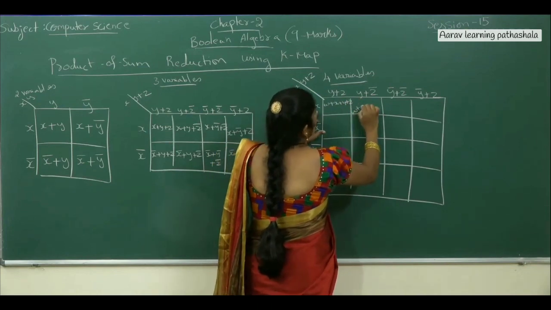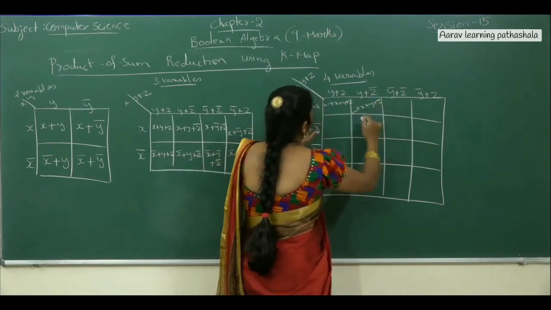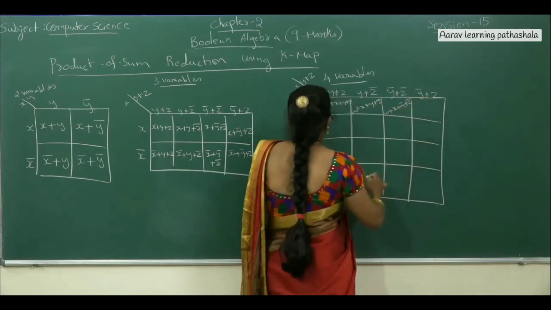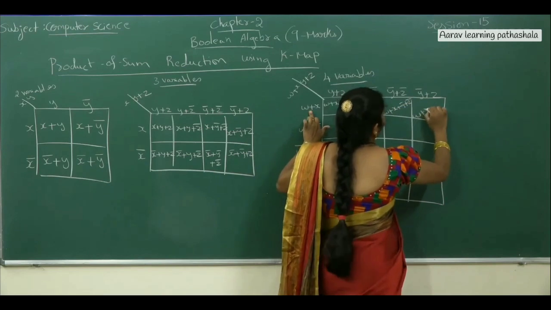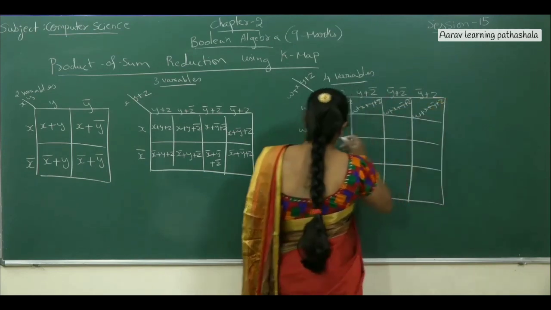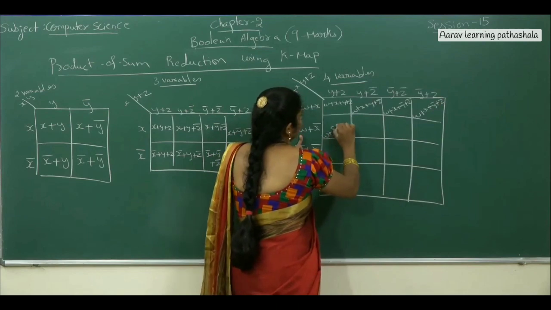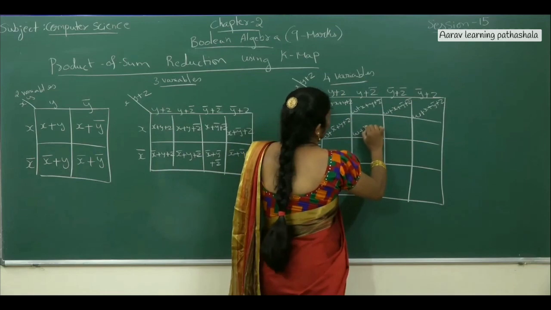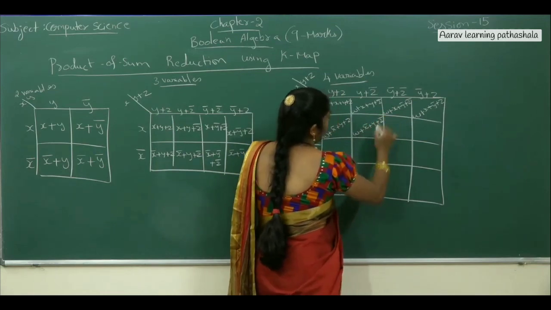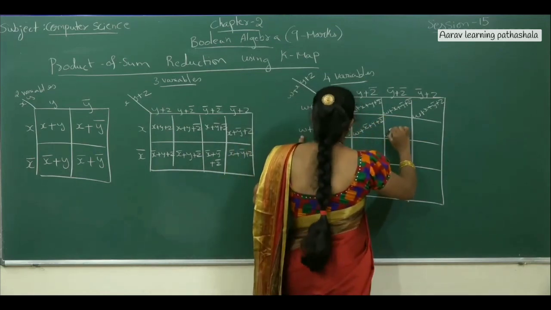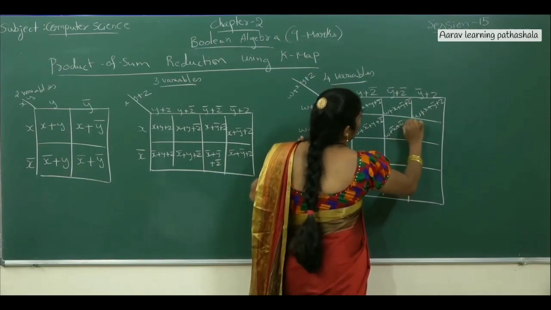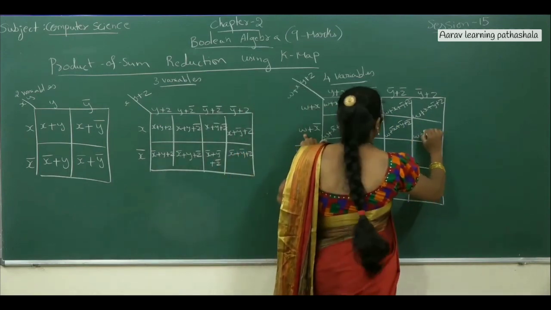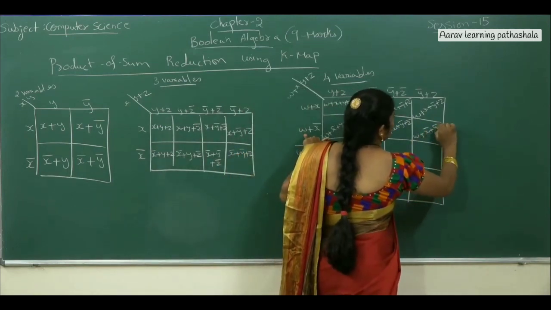Here w plus x plus y plus z bar, w plus x plus y bar plus z bar, w plus x plus y bar plus z, w plus x bar plus y plus z, w plus x bar plus y plus z bar, w plus x bar plus y bar plus z bar, and w plus x bar plus y bar plus z.